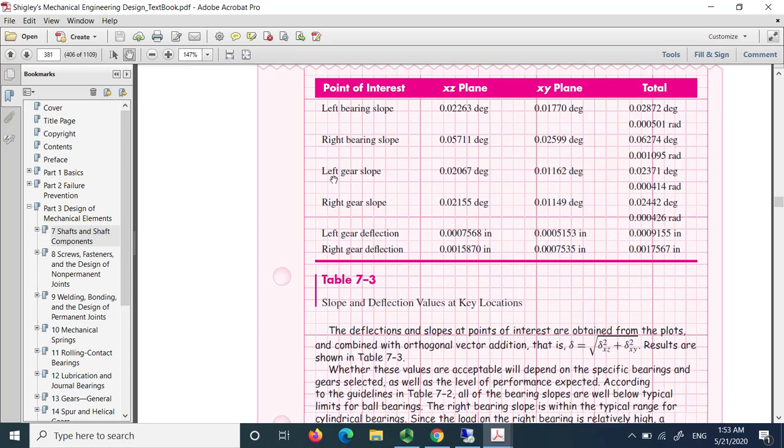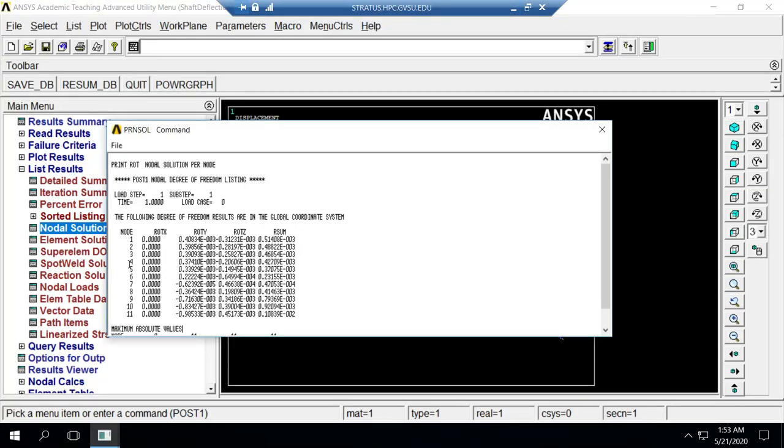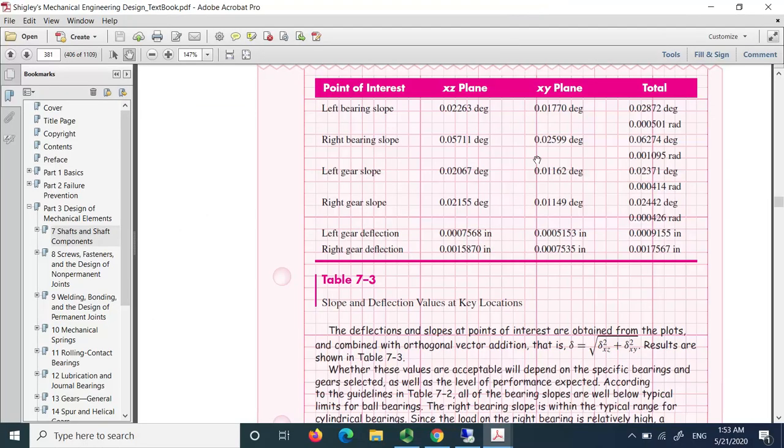Then the left gear slope and right gear slope. If you remember, they were nodes 4 and 8. Let's look at the slope here. For node 4, I have 0.0004, and he had the same thing, 0.000414.